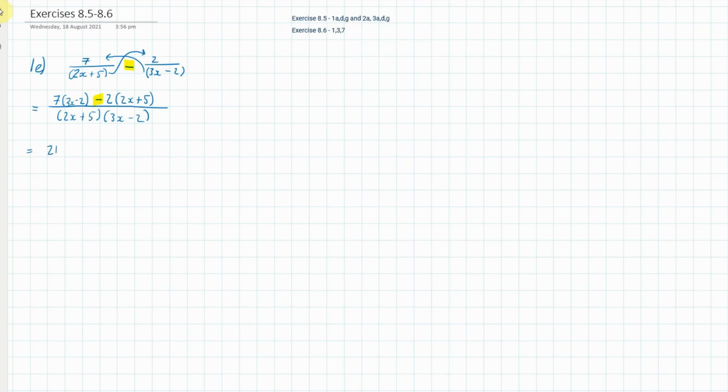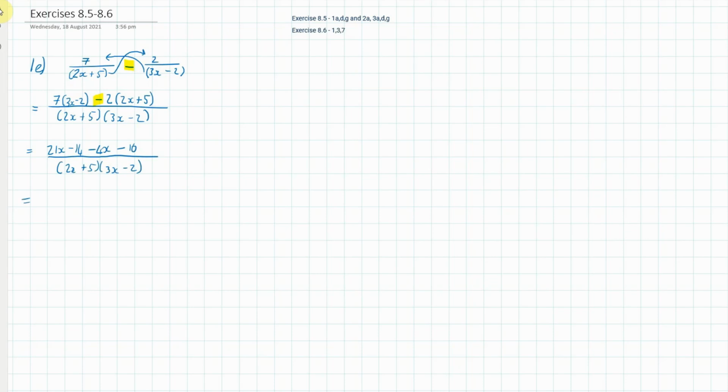So we'll have 21x minus 14. And the second bracket, because we've got that minus here, it's going to be minus 2 times minus 2x, which is minus 4x. And then we're going to have minus 2 times 5, which is minus 10. And that should be all over 2x plus 5 into 3x minus 2.